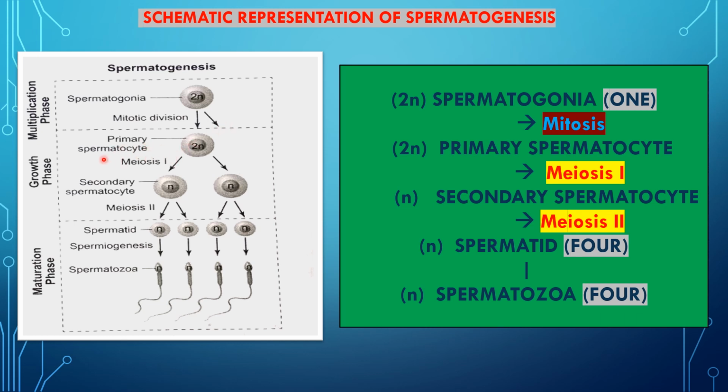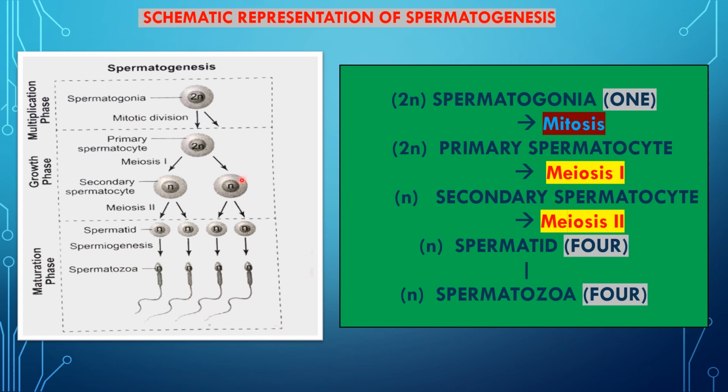Each diploid primary spermatocyte undergoes meiosis 1, reduction division, producing two daughter cells which are haploid in nature. And how many? Two they produce. So you call this a secondary spermatocyte. So primary spermatocyte is diploid, secondary spermatocyte is haploid.